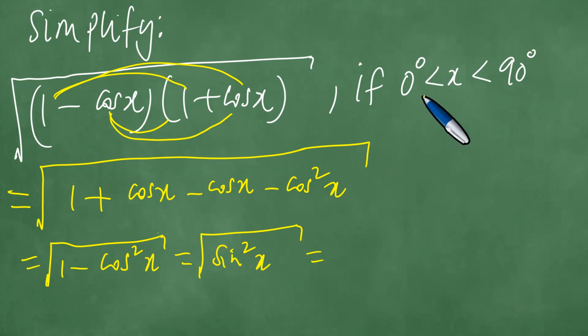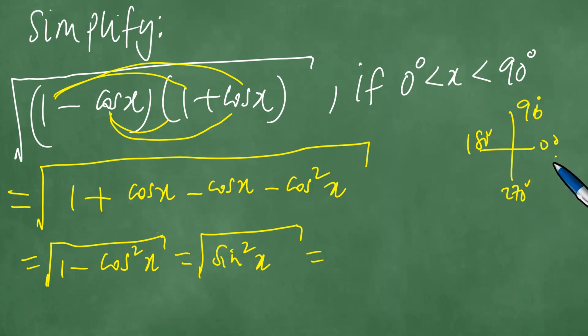Okay, when the angle theta lies between 0 and 90 degrees, between 0 and 90 is in the first quadrant where all are positive, so this is going to be positive.